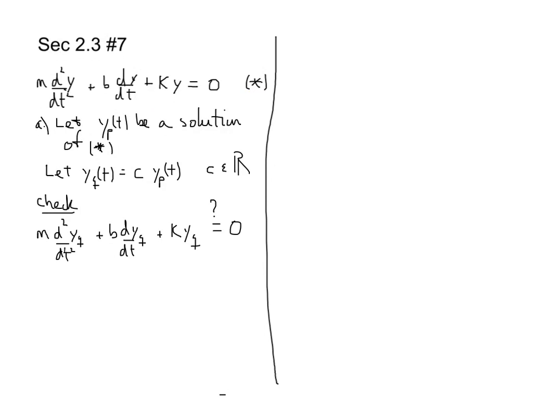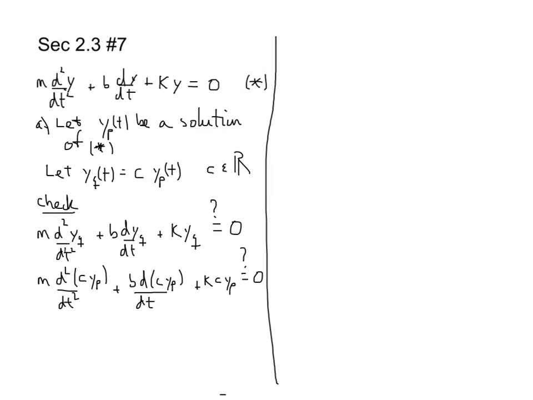Well, I can substitute in place of y sub q the constant times y sub p, and in place of y sub q here, I have the derivative of a constant times y sub p, and here k times the constant y sub p. And I'm testing to see if that equals 0.